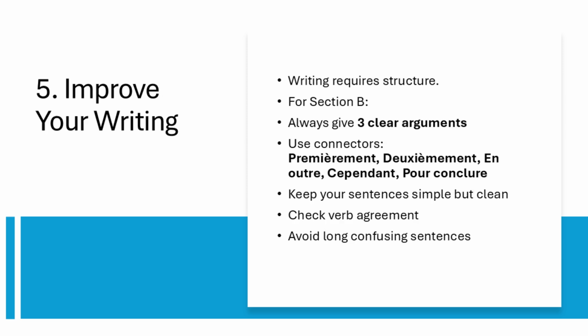And the fifth important thing, which is specifically related to writing, is that you create a file, or maybe on your notebook, try to have some clear arguments about specific topics, and also get your connectors right.